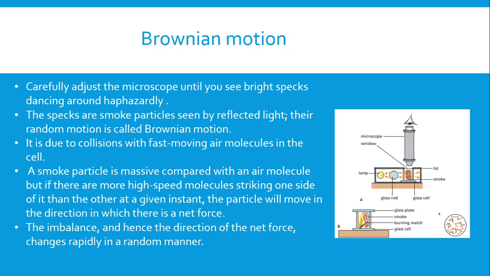The specks are smoke particles seen by reflected light. The random motion is called Brownian motion. So the specks are smoke particles, and they're seen by reflected light. Their random motion is called Brownian motion. The little specks that we see inside when we're observing them are basically governing the Brownian motion.